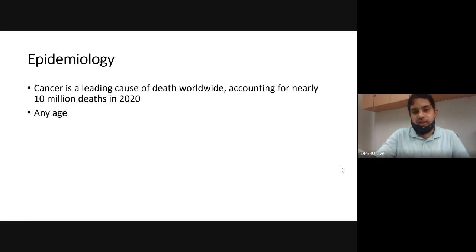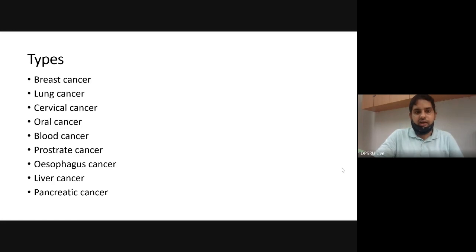But of course, it can happen at any age, and as I told you, cancer can happen in any part of the body. It can happen in the breast, and breast cancer cases are increasing much more. I have just included the most common cancers which we observe in our population. Breast cancer incidence is very high.